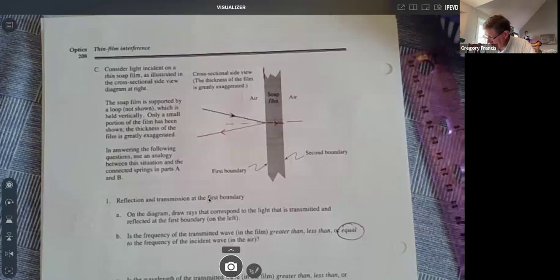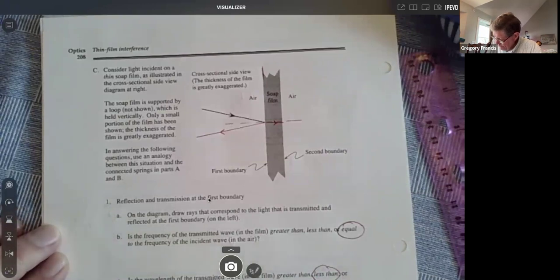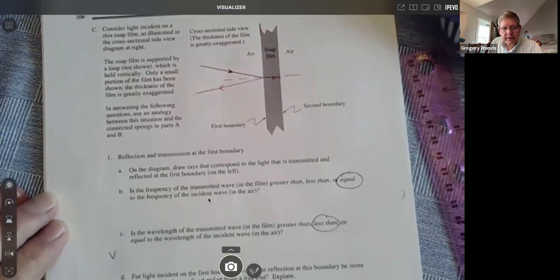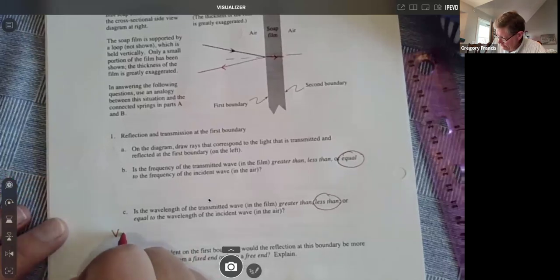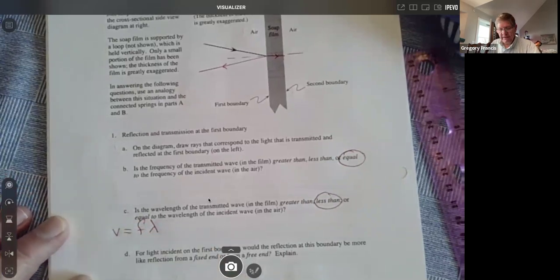So they're equal. Is the wavelength of the transmitted wave in the film greater than, less than, or equal to the wavelength of the incident wave? Well, it's going to be less than. Remember, the wave equation was that the speed of the wave was equal to the frequency of the wave times the wavelength.